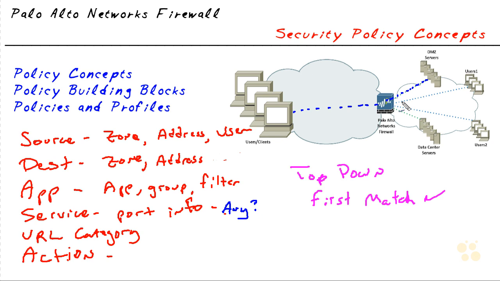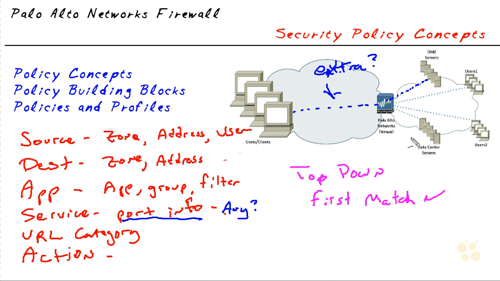So if we can be specific, only allowed on certain ports, that's going to help narrow things down so I don't end up with any extraneous connections here. We'll call this extra and put a question mark by it. We don't want a lot of extra connections that we don't need. Those things take up resources, both on the firewall and on my servers.